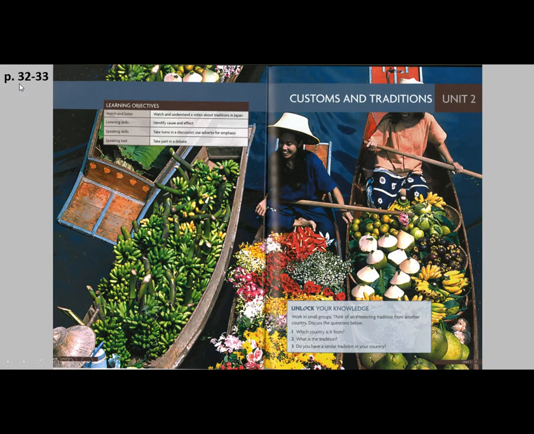Unit 2 starts on page 32. So when you open the book, you will see this large picture on pages 32 and 33. The title is Customs and Traditions. We have already talked about the meaning of customs. So what are traditions?